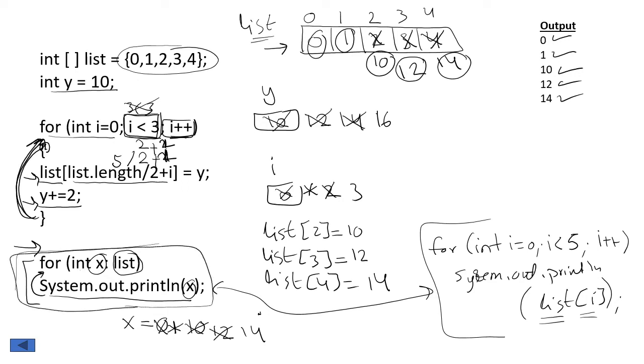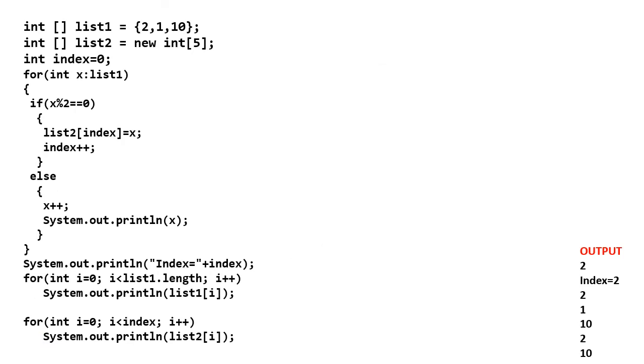It just makes it easier that you don't have to say from 0 till the end. All you have to say is integer x colon list, and then do the output of x. So automatically it will start from the beginning till the end of your array, and it will do the output for you. Let's do another exercise, and this time we will have two arrays.